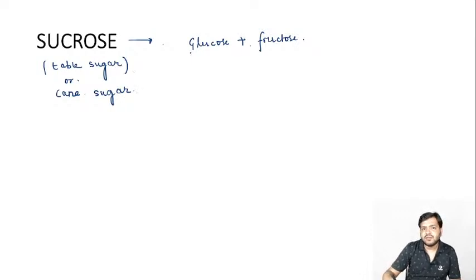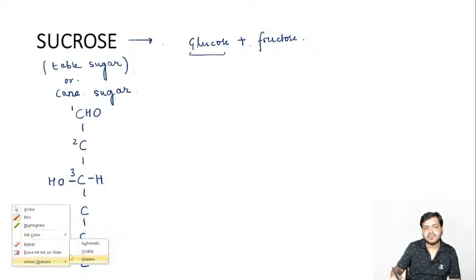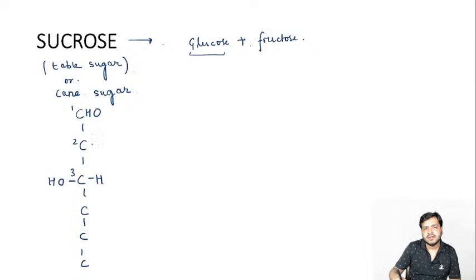So firstly, I'll try to draw the structure of glucose. You already know we have a 6 carbon compound. और यहाँ पे जो थर्ड कार्बन है, फर्स्ट कार्बन पर you have the aldehyde group, that is the functional group. थर्ड कार्बन पर OH जो है, it is present on the left hand side, and H is on the right hand side, whereas on all other carbons the OH is on the right hand side, and on the left hand side, just to balance, we have the H part.